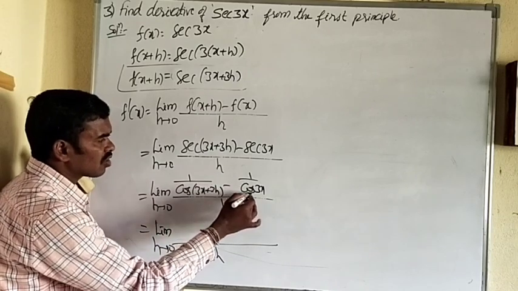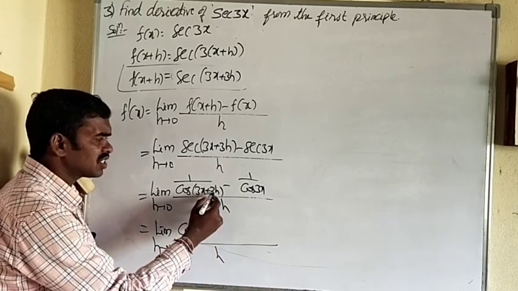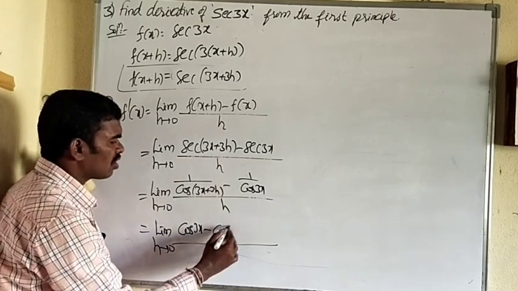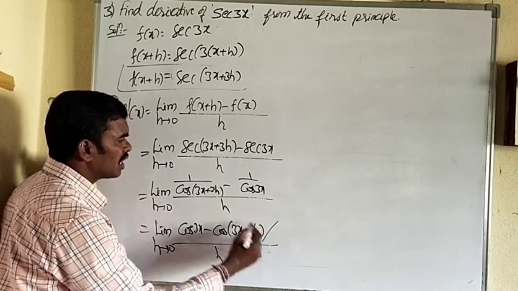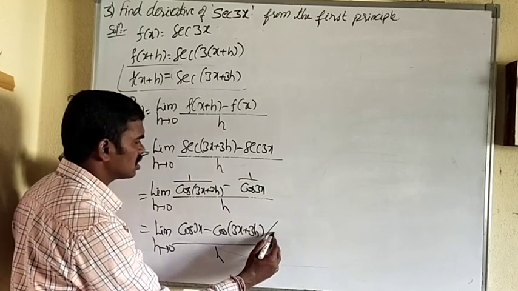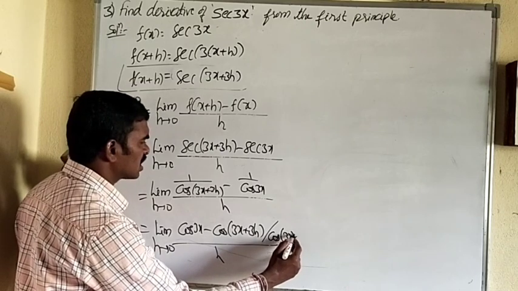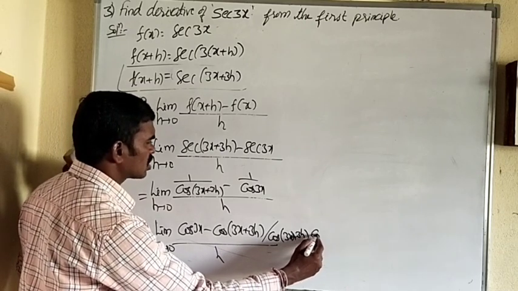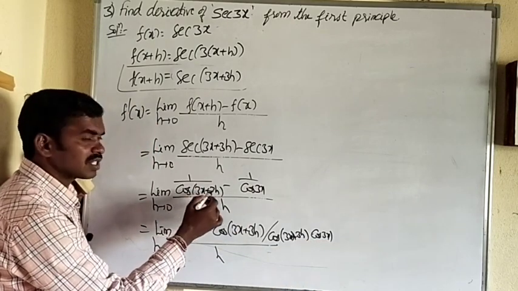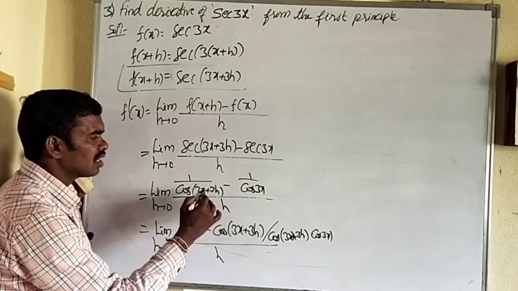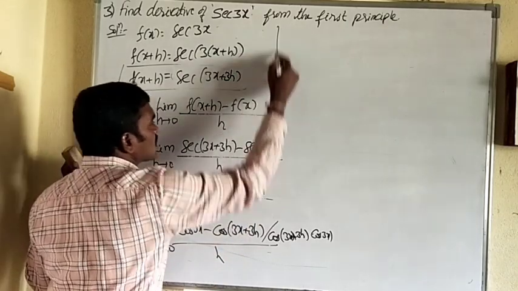Take cross multiplication: cos 3x into 1, cos 3x minus cos of 3x plus 3h into 1, whole by cos 3x into cos of 3x plus 3h. Cross multiplication. So simplify this, and we can get the answer.